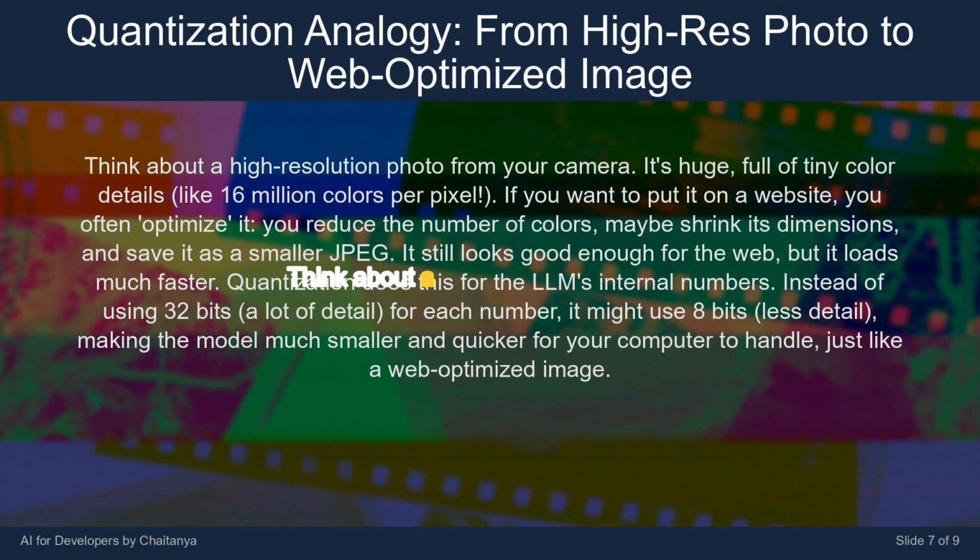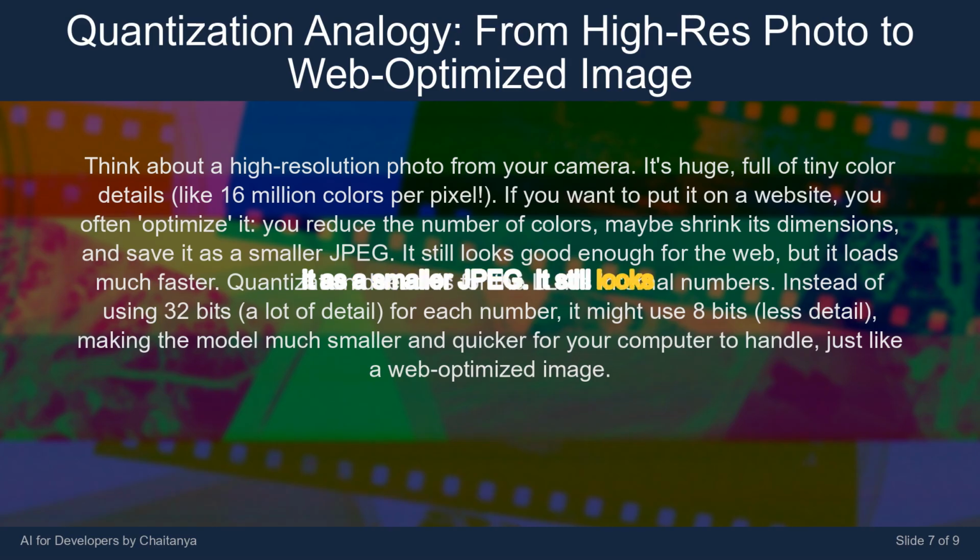Think about a high-resolution photo from your camera. It's huge, full of tiny color details, like 16 million colors per pixel. If you want to put it on a website, you often optimize it. You reduce the number of colors, maybe shrink its dimensions, and save it as a smaller JPEG.